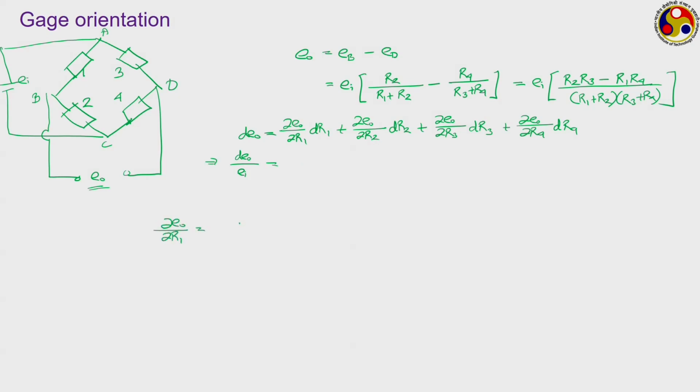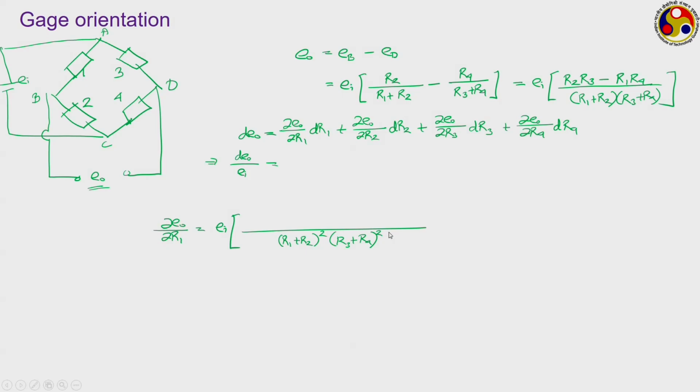So, we have EI outside, and in the denominator R1 plus R2 whole square, R3 plus R4 it is a constant, so that whole square.